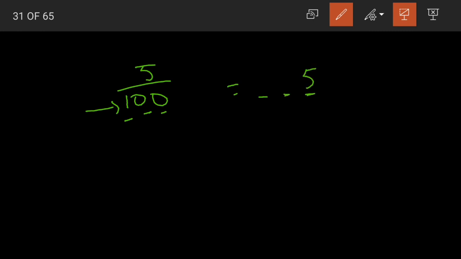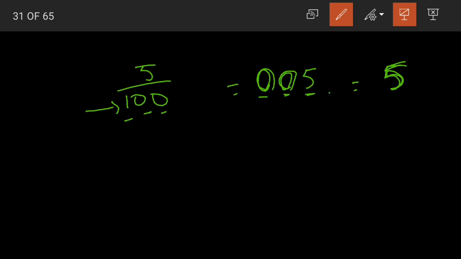So even in the numerator we have to make it a 3-digit number. How can we make it a 3-digit number? Simply add 2 zeros before the number, that is 2 zeros to the left of the number. Yes, 005 is again equal to our 5. There is no change in value.